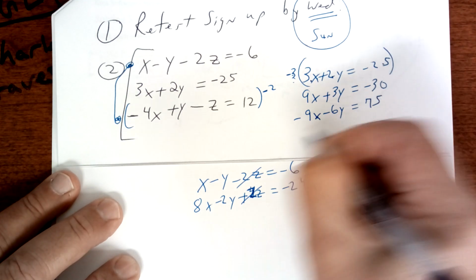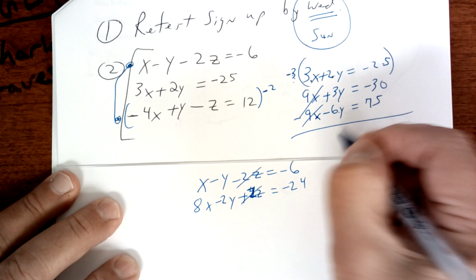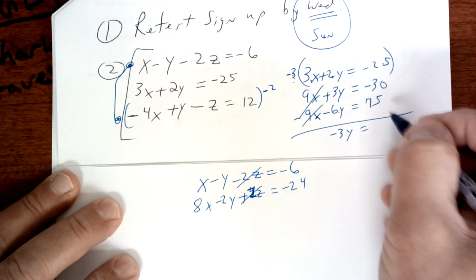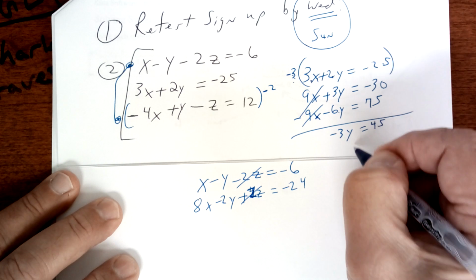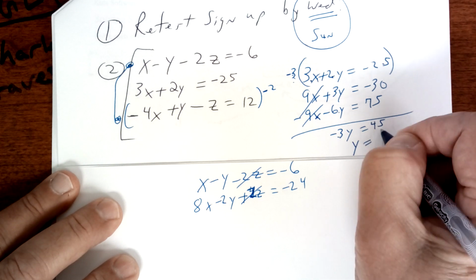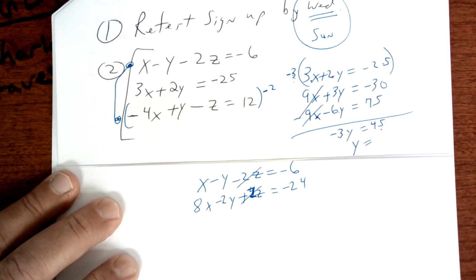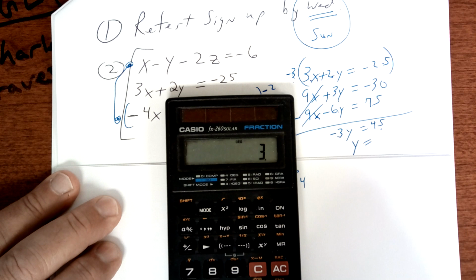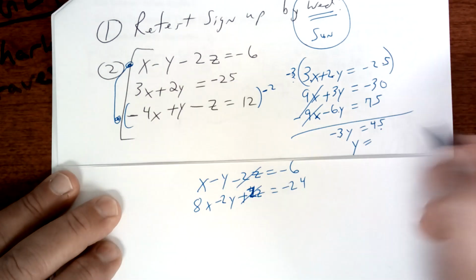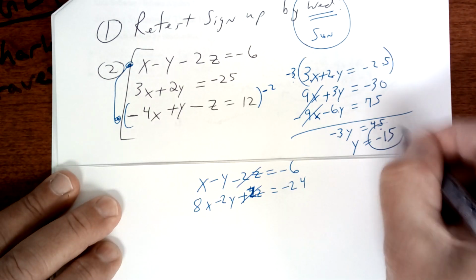So when I add this up, I get negative 3y is equal to whatever that is, 45. And when I divide by negative 3, 45 divided by 3, it's going to be a negative 15. And that's one answer.